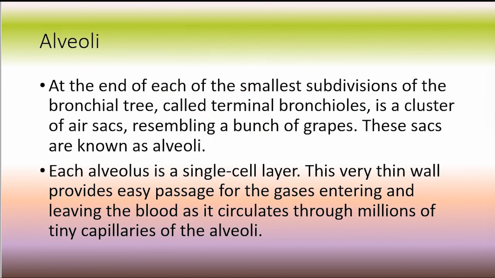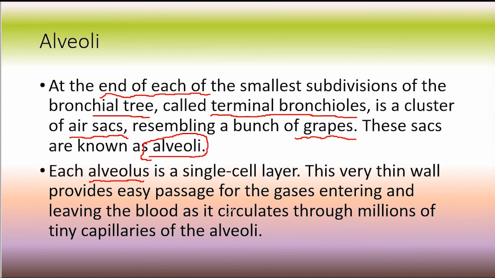So the ending part of the bronchial tree is connected with the terminal bronchioles. And then they connect to a group of air sacs, pretty similar to grapes. So we call that alveoli, and a single one we call an alveolus.